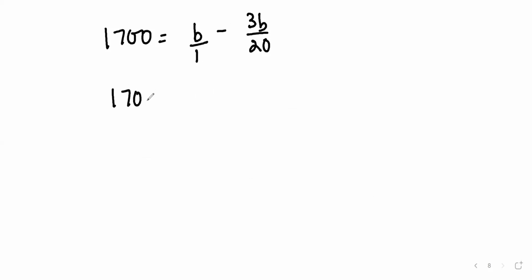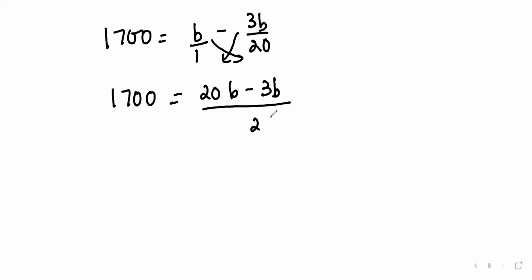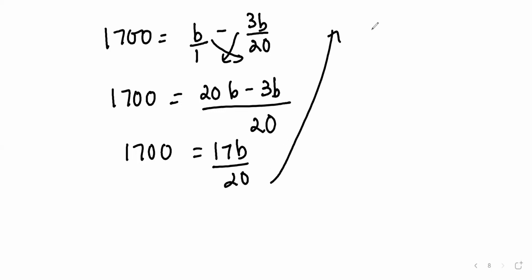So take it there. 1,700 is B minus 3B upon 20. In the language of fractions, B is B by 1. So 1,700 is, use the butterfly method. 20 into B minus 3B into 1 is 3B upon LCM of 1 and 20, which is 20. So 1,700 is 20 minus 3, which is 17 into B by 20. I'll just wrap it. 17B upon 20 is 1,700.